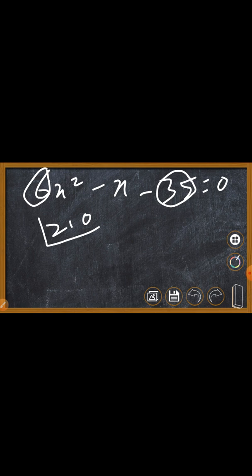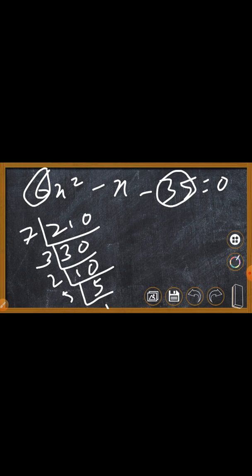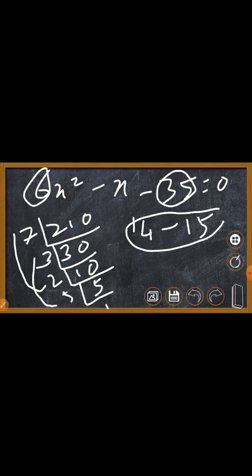Yes, now if I prime factorize 210, 3 10, 2 5s are 10, 5 1s are 5. Okay, so now if I prime factorize 210, I get that 7 2s are 14, yeah, and 3 5s are 15. Yes, so 15 minus 14 is minus x. Yes or no? So this is the combination which I am using. Yes, so let's put it over here.